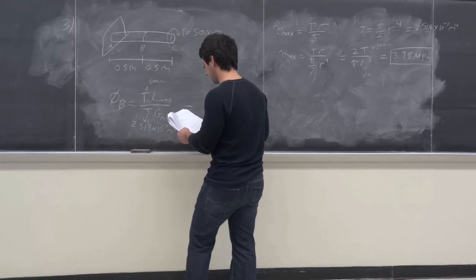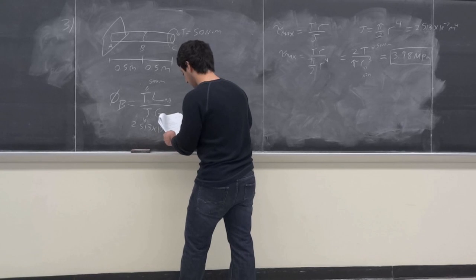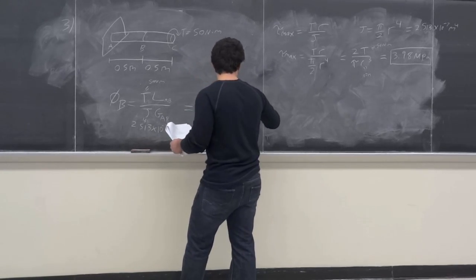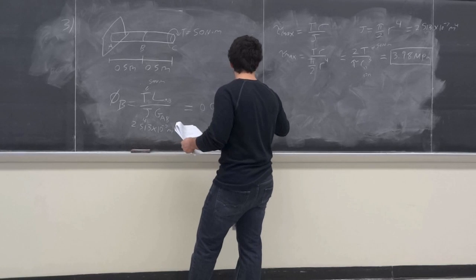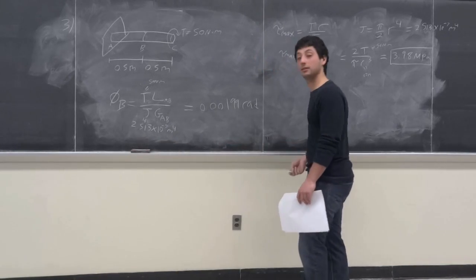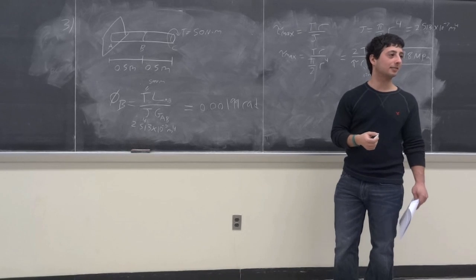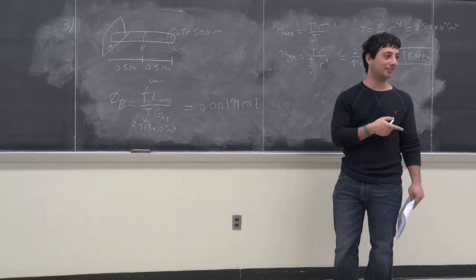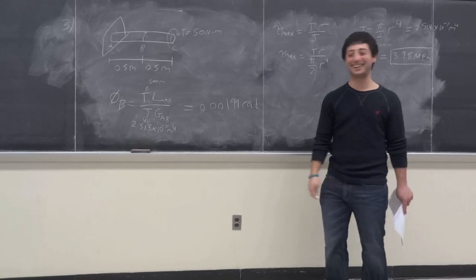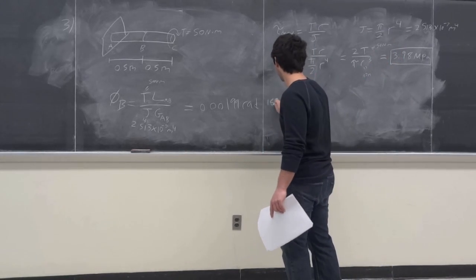So the angle of twist at B is 0.00199 radians. We want the angle of twist in terms of degrees. So what do you have to do to this? Multiply by what? The reciprocal. Yeah, 180 over pi.